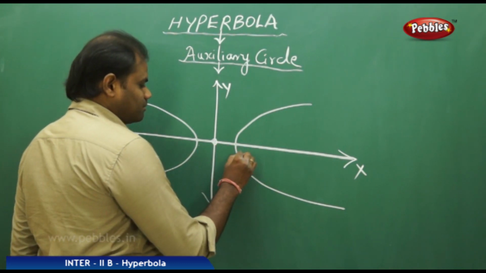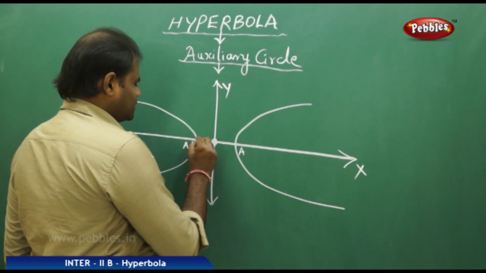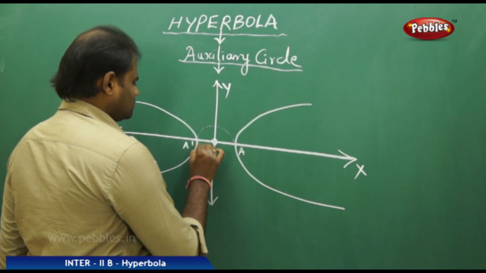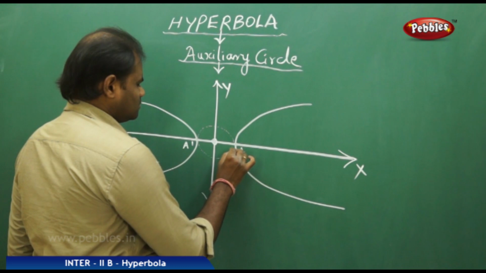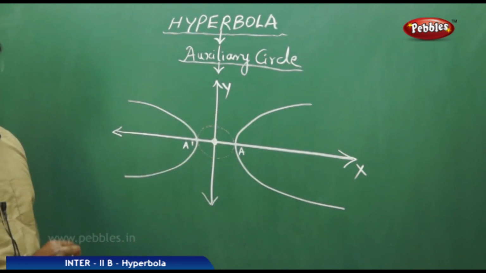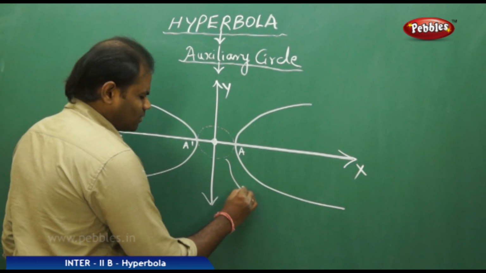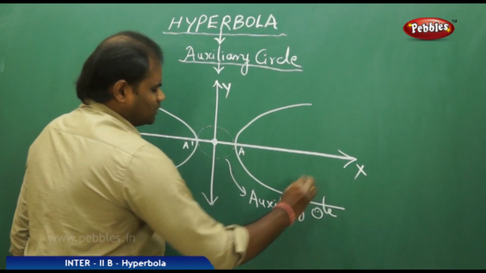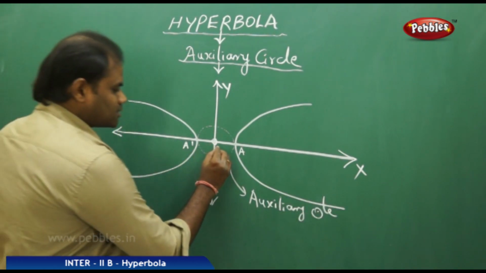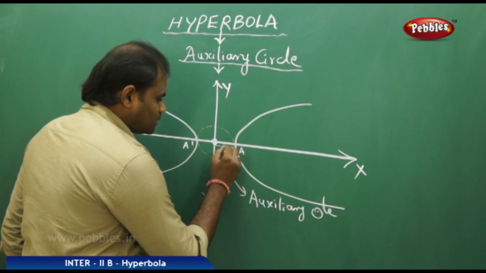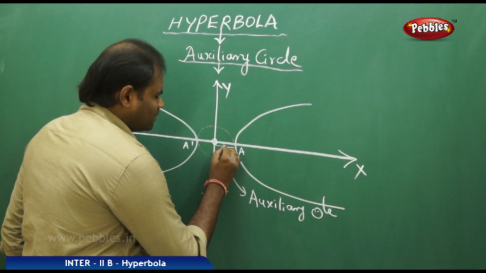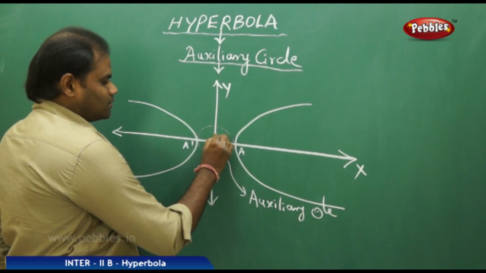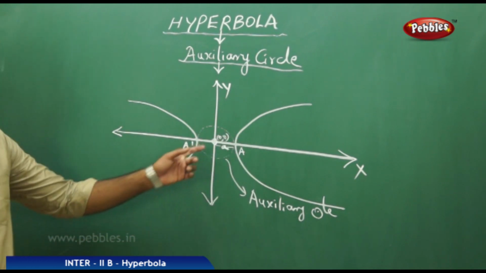If I take the diameter A and A dash and describe a circle along that, then we call this circle the auxiliary circle. Its center is the origin and its radius is simply A. As can be seen, the distance from the center to A is small a. So the radius is A and the center is the origin, which is how we identify the auxiliary circle.